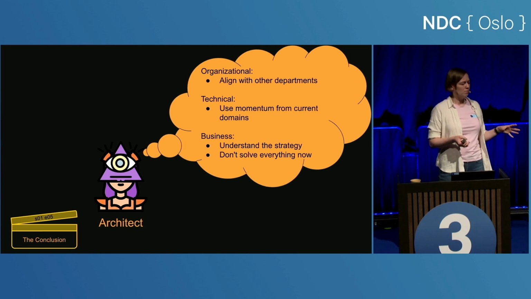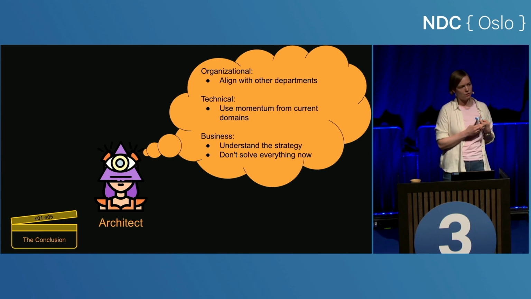And I had some, maybe not principles, but some things that I wanted to do for each of the 3 contexts that I talked about earlier. For the organizational context, I wanted this to align with our other departments. In particular, I wanted the boundaries to be compatible with the domain boundaries that we have in the foundational platform department.